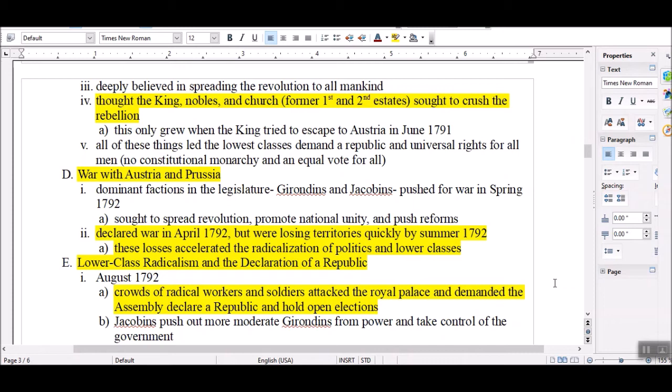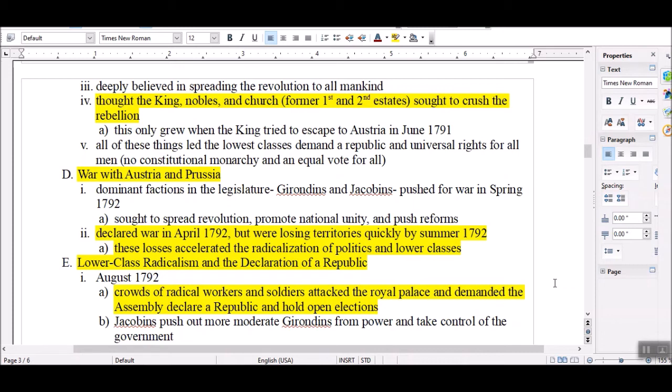They thought the king, the nobility, and the church, this former first and second estates, and of course the monarchy itself, was seeking to crush the rebellion. In this, probably. I mean, we can't say for sure, but it makes sense.